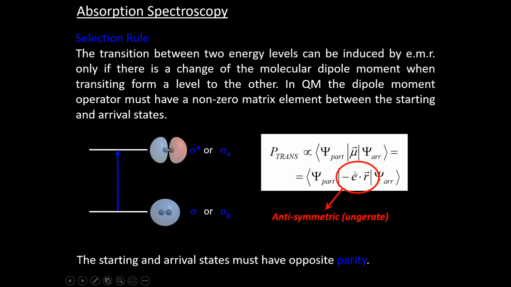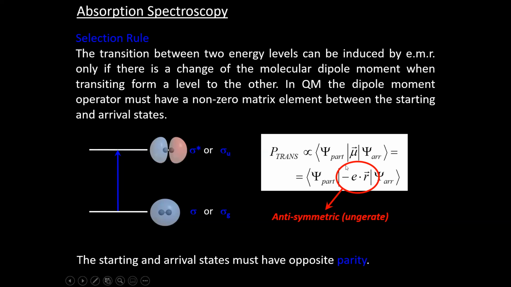This is the same in quantum mechanics, because if you remember, in quantum mechanics, the position operator is the same as in classical mechanics, it is r. So the dipole moment operator is this one. And you see that this quantity is anti-symmetric. If you exchange r with minus r, the quantity changes sign. So this is an anti-symmetric operator.